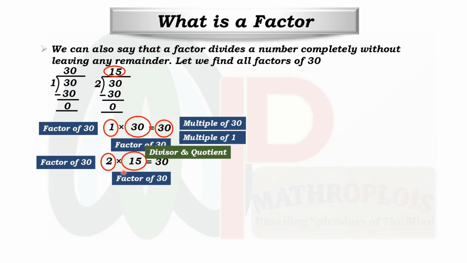Here in division, 2 is divisor and 15 is quotient. The product, 30, is a multiple of 2 and 15.